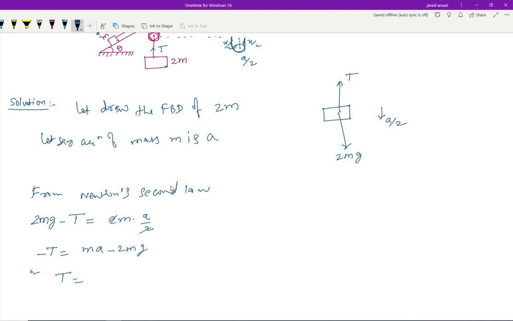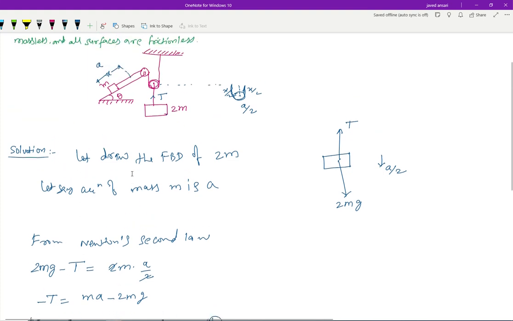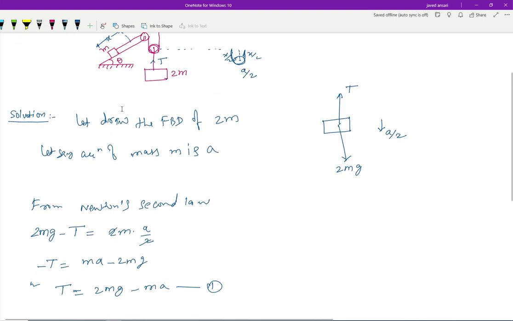So T equals 2mg minus ma. Okay, so this is equation 1. Now let's consider the free body diagram of this smaller mass m.